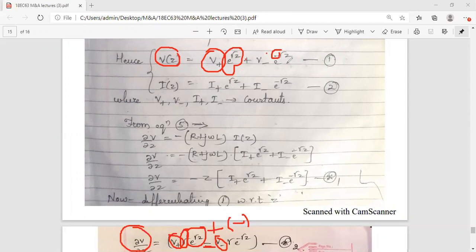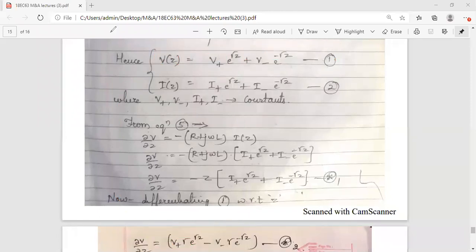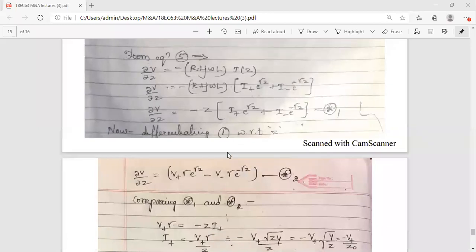So minus gamma into e raised to minus gamma z. So what I did, equation 1, I differentiated with respect to z. So I got the second equation.